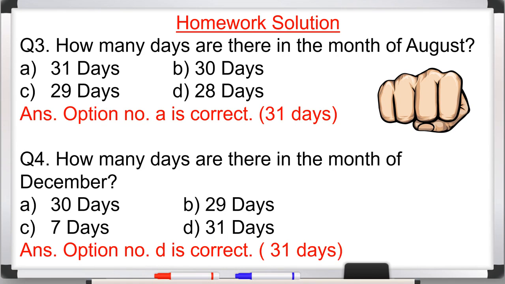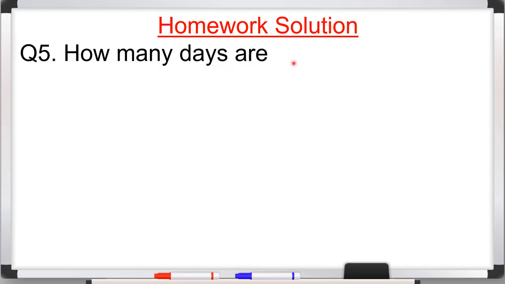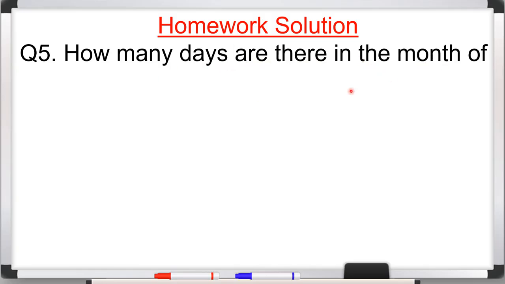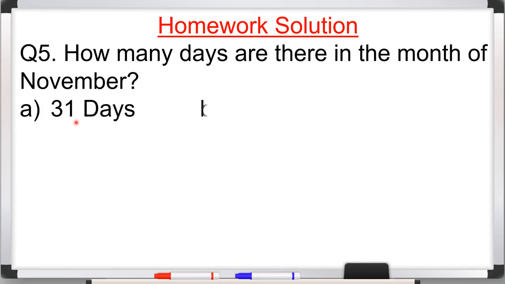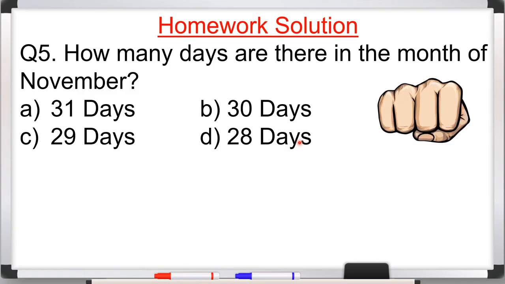Understood? Now question number 5. How many days are there in the month of November? So here again we have 4 options: A 31 days, B 30 days, C 29 days, and D 28 days. And we need to make a fist.